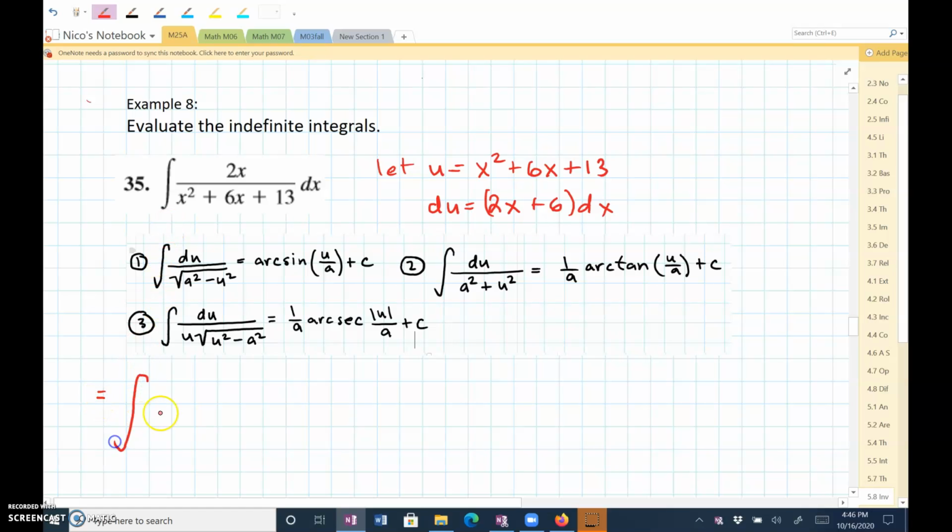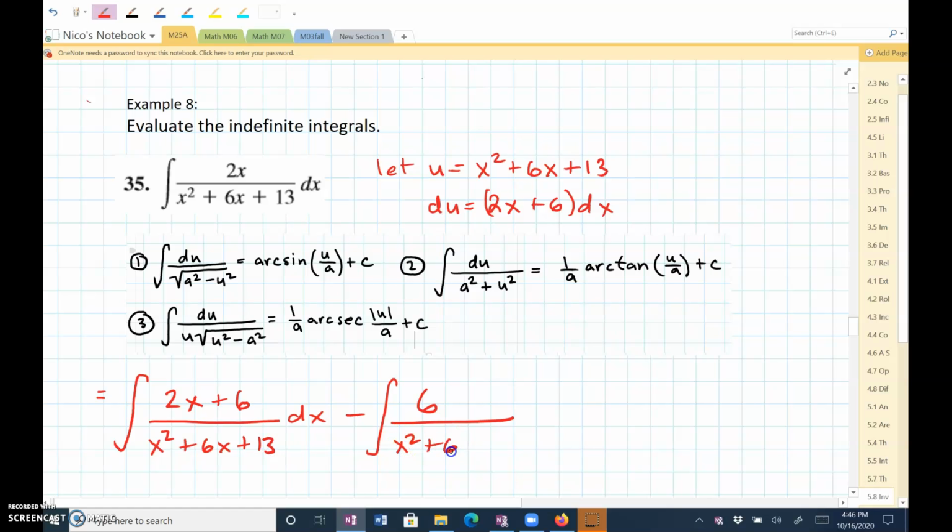So now, if I let this integral equal the integral of 2x plus 6 minus 6, dx minus 6, and then I'll keep the denominator the same, the x squared plus 6x plus 13 dx.